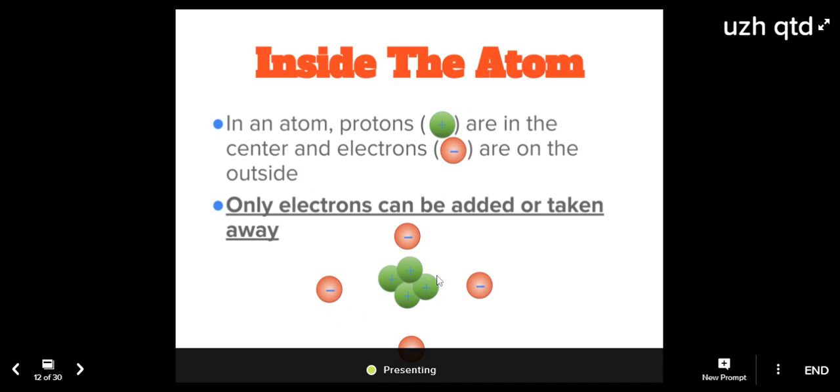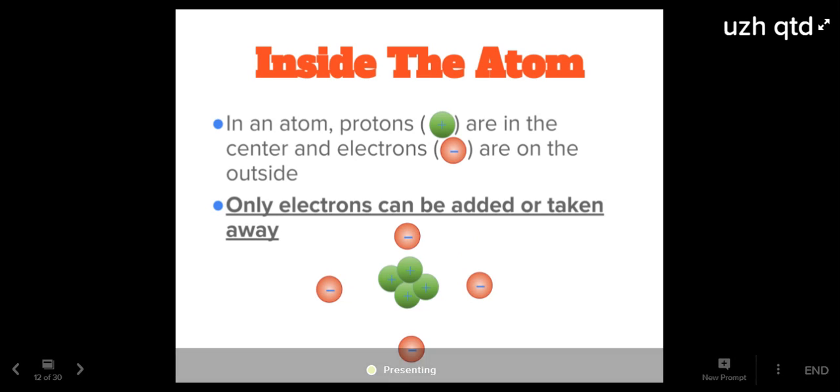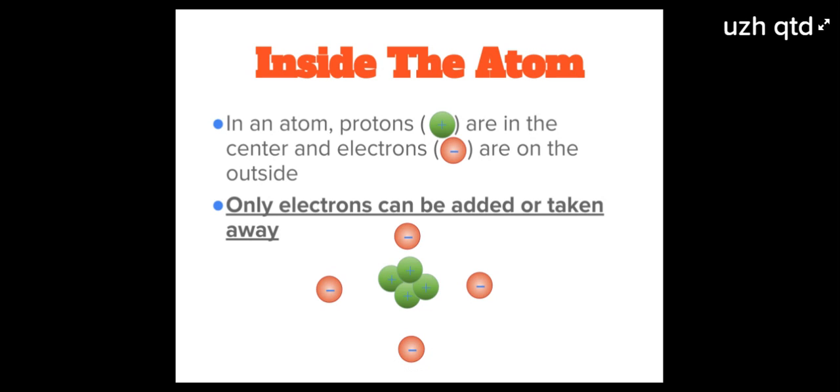Inside of an atom, protons are in the center, in the nucleus, and electrons are on the outside in energy levels or orbitals or energy shells. Only electrons, aka the red circles, can be added or taken away. That rule has not changed. So let's put the net color theory into action with electrons.